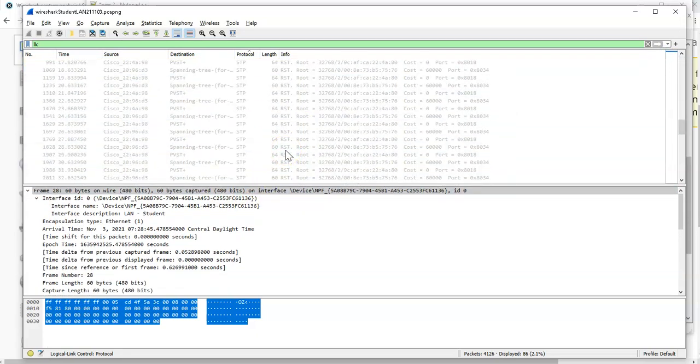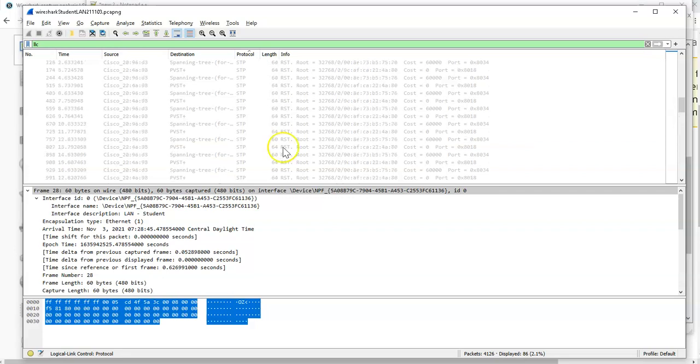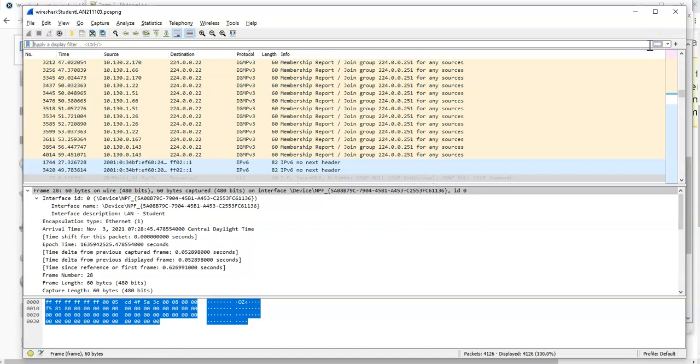The more experience you get with Wireshark, the better you will be at troubleshooting and forensics and security. You start learning about what's going on. Broadcast address can be very annoying because it goes to everyone.